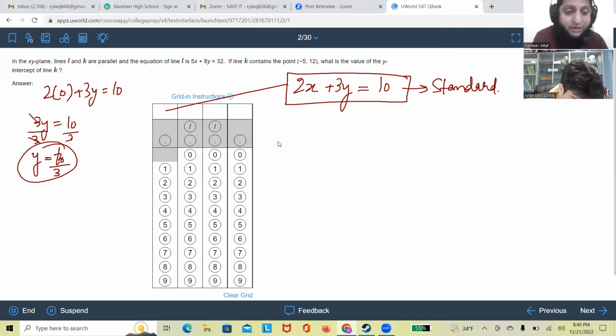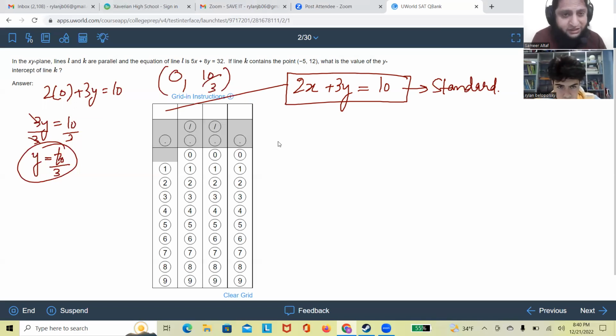Now, what about the slope? How can you calculate the slope of this line? So when x is 0, y is 10 over 3. This is one point which you have calculated. Can you get any other point by plugging in any other x? You can plug in x as anything. Let's plug in x as 1.